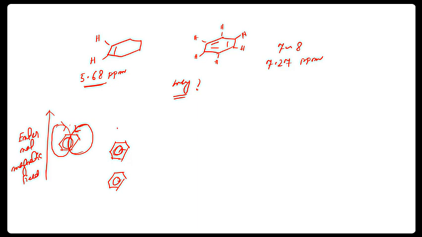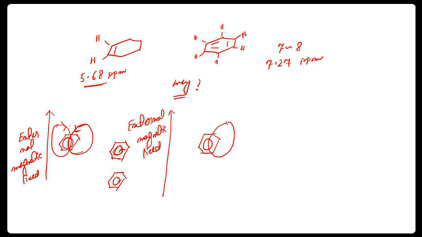So basically, let's do it here clearly, very interesting things. There is a ring current. Let's say this is the external magnetic field, and we have this. So basically, this is the ring current, and this is the induced magnetic field.